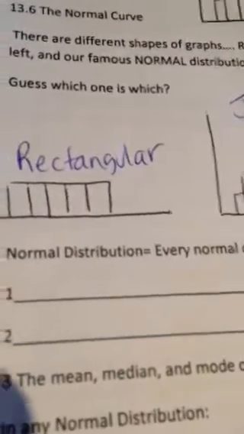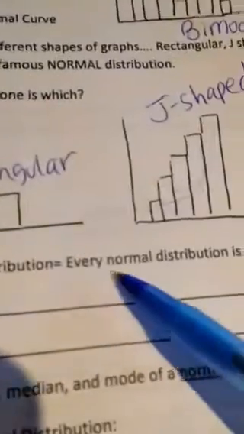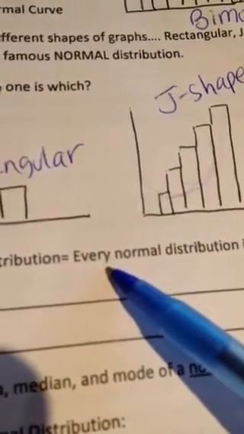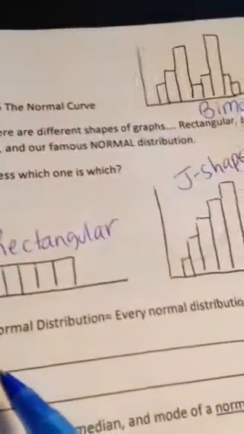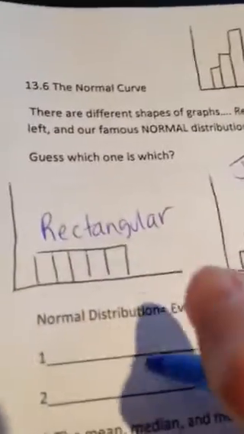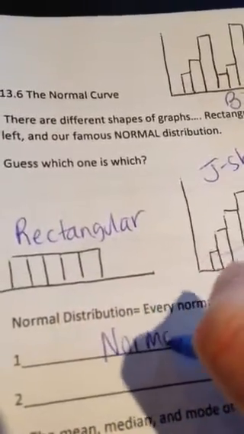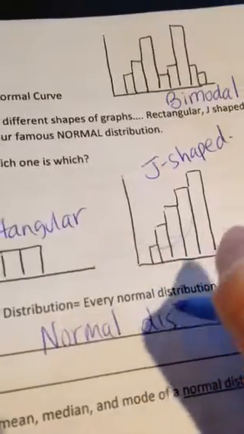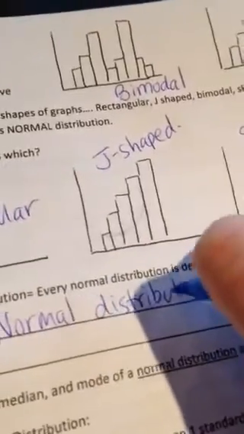Okay, so the first thing they talk about is a normal distribution curve. And this is just part of the definition. Every normal distribution is defined for all real numbers. The first thing that you should take note of is that a normal distribution is called a normal curve.